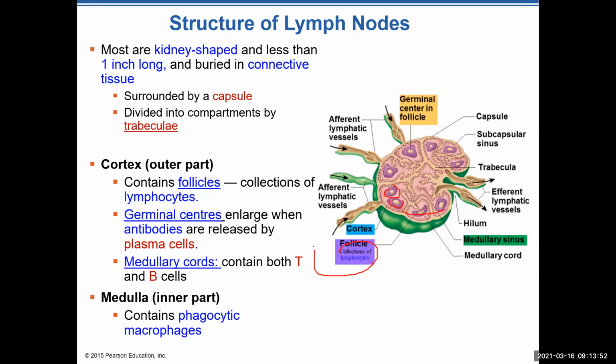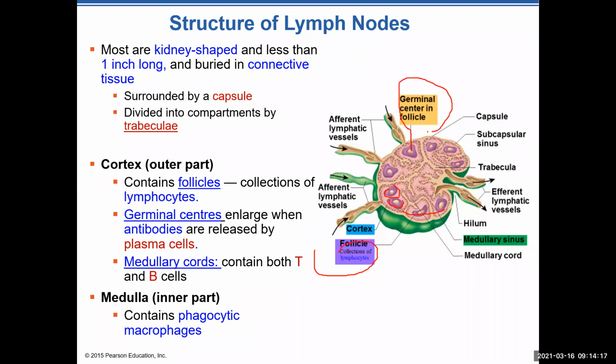So all the T cells and B cells which are formed in the bone marrow, which is a primary lymphoid organ, we'll talk about that, migrate from the bone marrow to the lymph nodes and are present in the cortical areas. And then within this, in the center of the purple area, you see the yellow colored area.